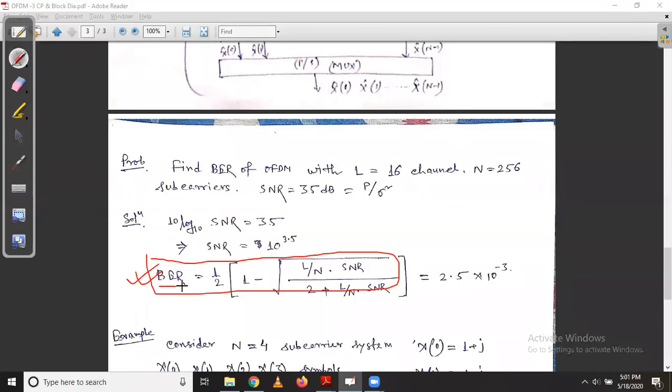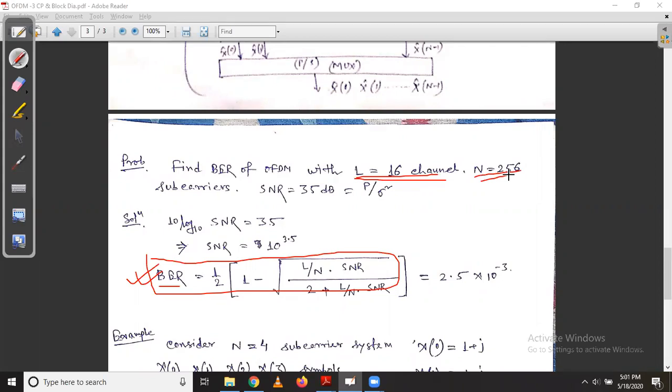Suppose a thousand bits are transmitted. Out of the thousand bits, suppose 100 bits are in error. So 100 by 1000 is the bit error rate. For that, they will give some values of capital L. N is the number of subcarriers you are transmitting, and in the subcarriers there are some symbols.